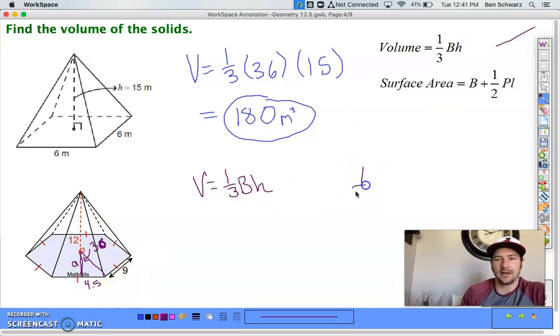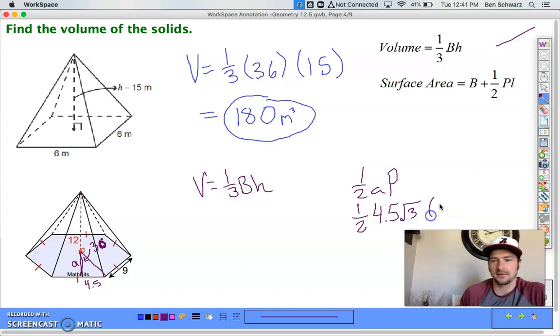So when we're doing 1/2 AP, we've got to find A, right? So this is the short leg, so times √3 would get us the long leg. So 1/2, and then 4.5 times √3. Perimeter is just 9 times 6, so 54. That's our 1/2 AP.